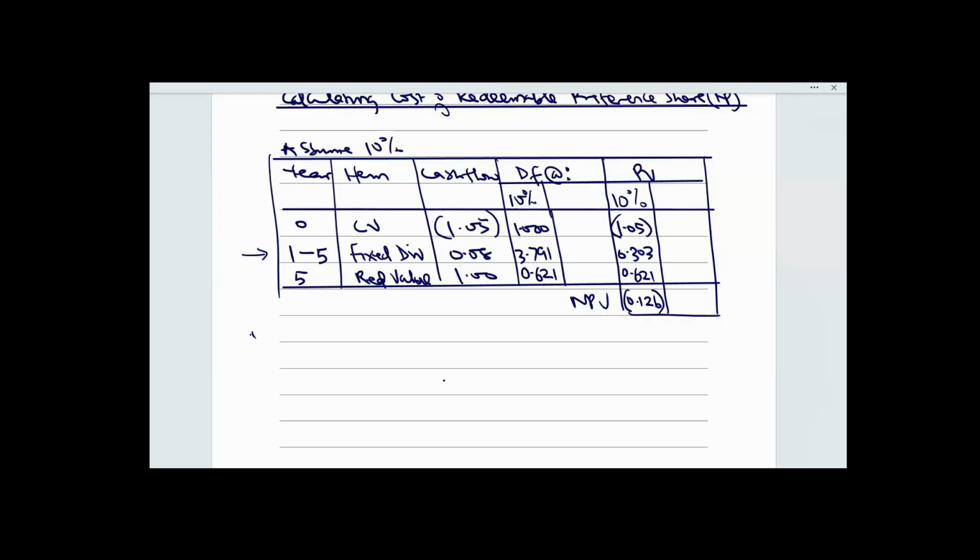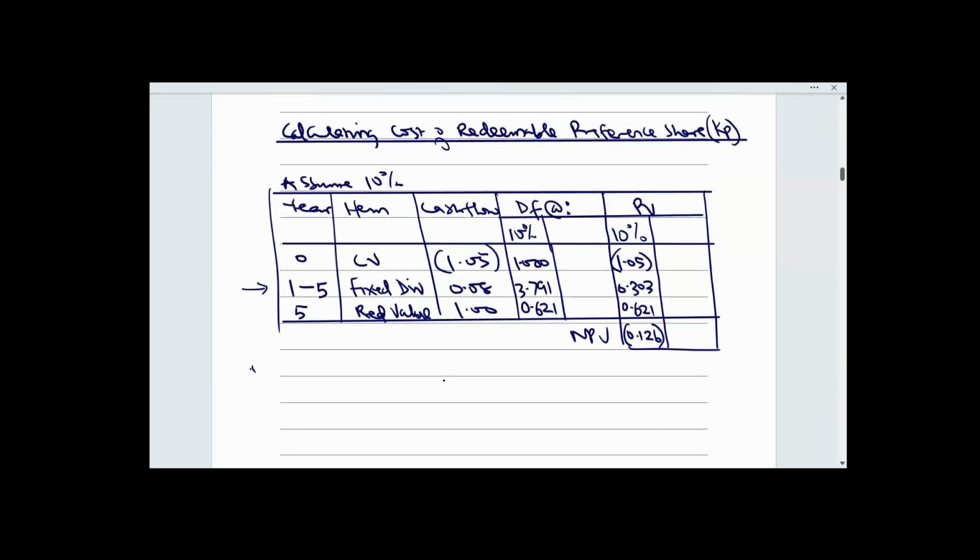Please, when you are calculating cost of capital, the difference between the two discount rates that you are going to assume should not be more than 5. If you have assumed 5 before, you cannot increase beyond 10. That will be 5, additional 5, making 10. If you assume 10% and you want to increase to 15 to get a negative, then it should not be more than 15%. That is plus additional 5.